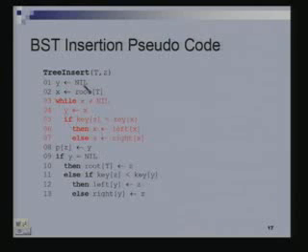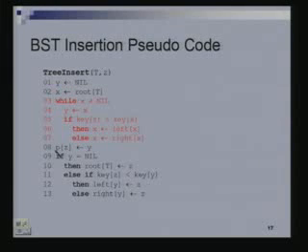Initially Y is null, X is the root. Then Y takes the value X, and X goes to either the left or the right child of X. And we keep doing this till we hit null, till X becomes null. When X becomes null, Y is pointing to the right node. Now we have to change the left or right child of Y. So Y is going to be the parent of the new node we are inserting.